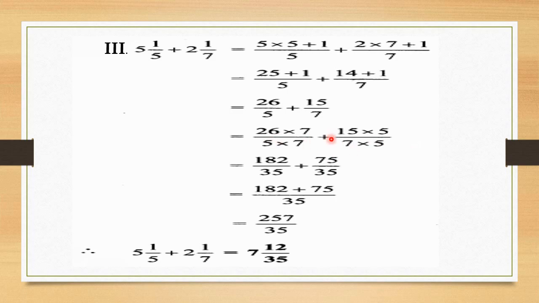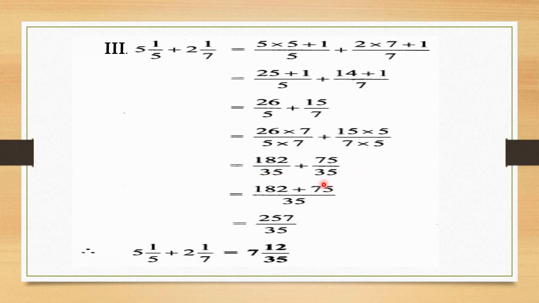So 26 multiplied by 7 you will get 182 upon 5 sevens are 35. So 182 upon 35 plus 15 fives are 75 upon 7 fives are 35. So here you will get 182 upon 35 plus 75 upon 35.